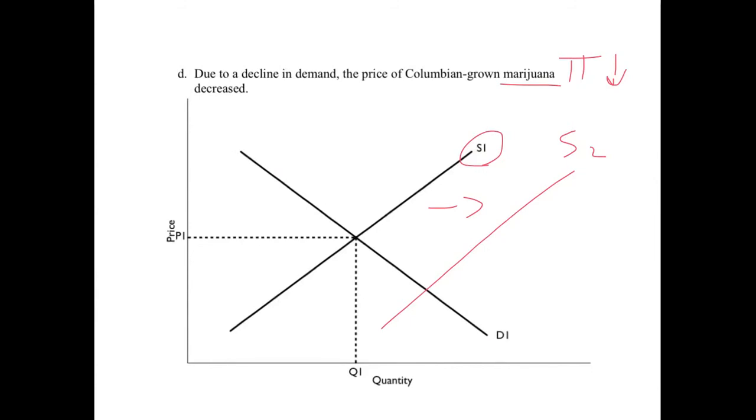Again, this is a supply change because Colombian grown marijuana is less profitable. Farmers will shift resources towards coffee. This causes the price of coffee to fall and the quantity of coffee to rise. Price decreases, quantity rises.